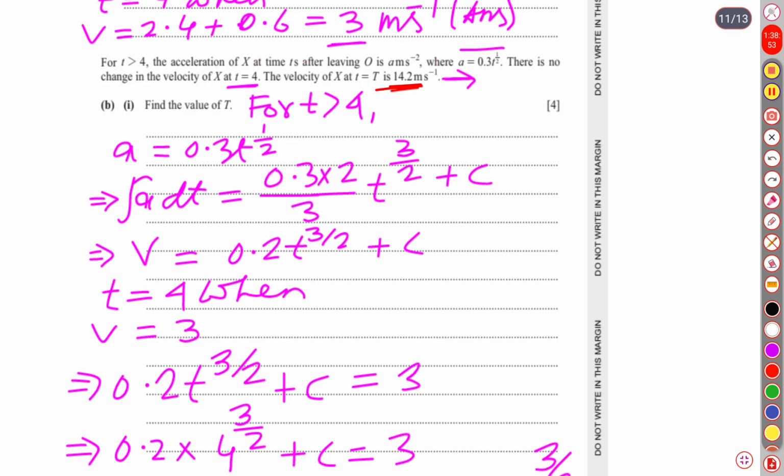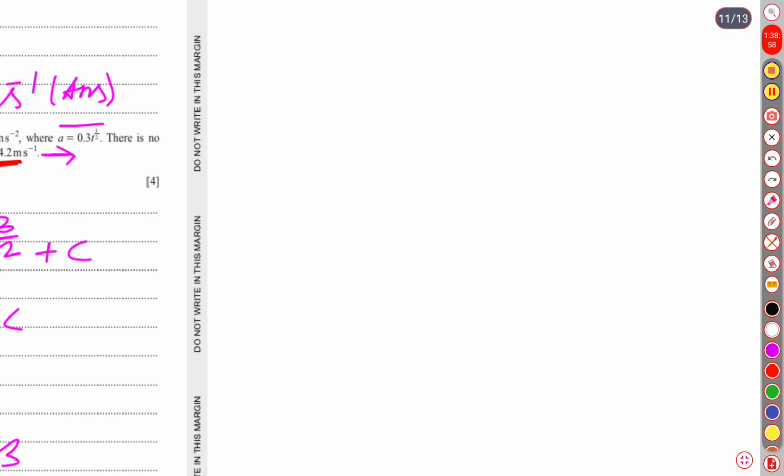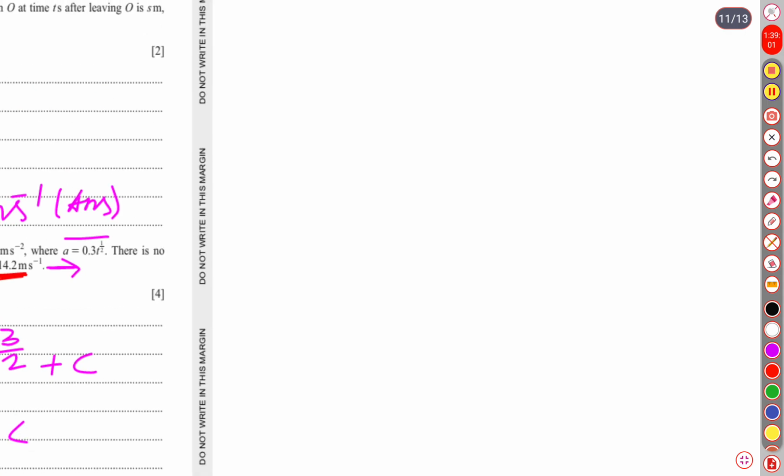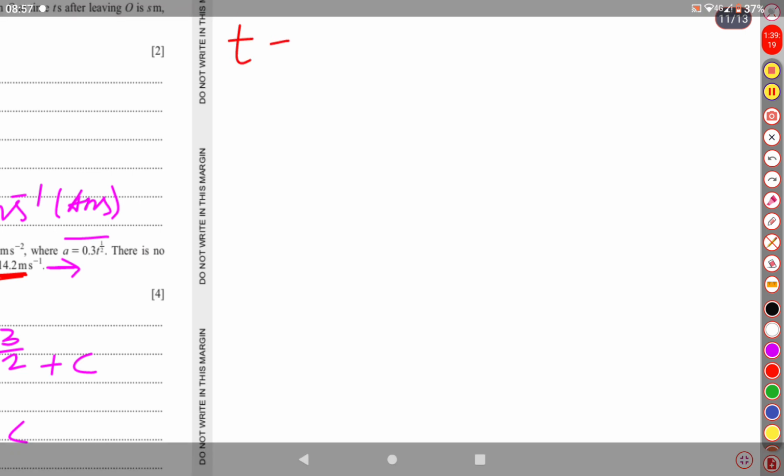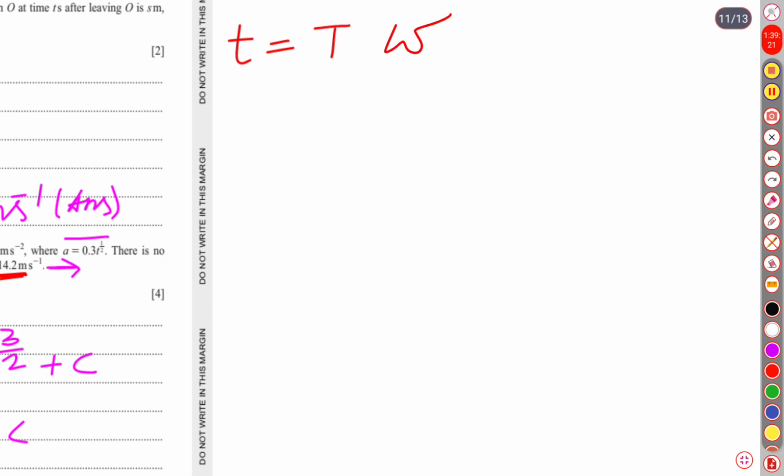Velocity is 14.2 and T is to be obtained. Not velocity, we are going to find time. So let us write T equal to, uppercase T, when v is equal to 14.2.